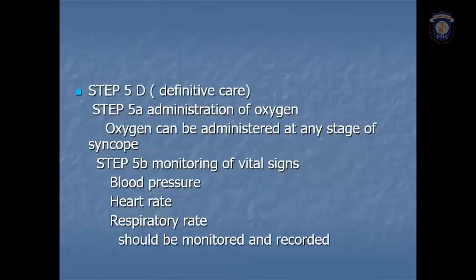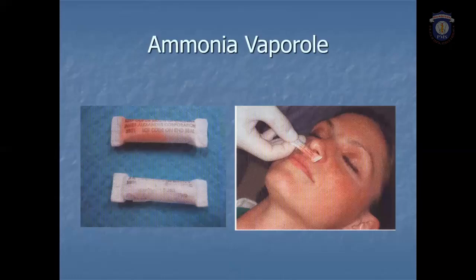Step 5 is the definitive care. Administration of oxygen: oxygen can be administered at any stage of syncope. Monitor the vital signs; blood pressure, heart rate, respiratory rate should be monitored and recorded. Then aromatic ammonia vaporole.